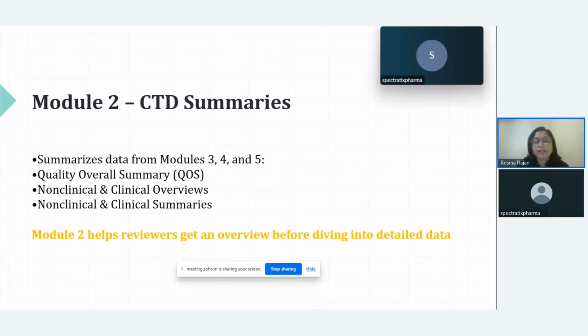For the regulator to see this module as such, they will not get an overview. So before getting into each module of 3, 4, or 5, they will go through module 2.